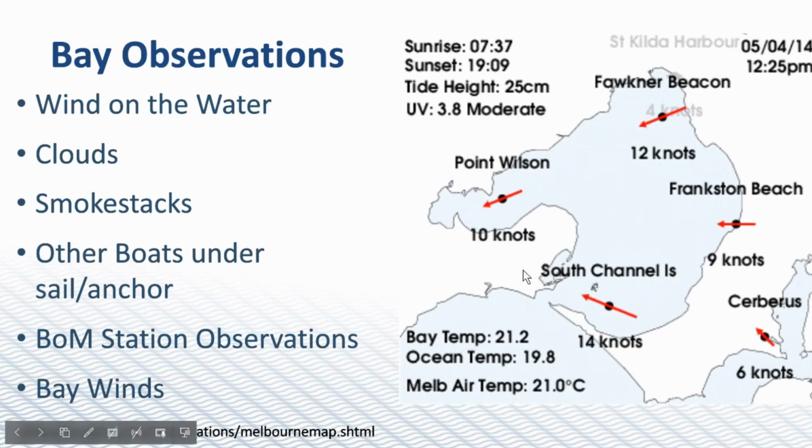Another useful thing, particularly if you're assisting in races at all, looking at various smoke and so on around the bay, you can also go to the BoM site and get their bay observations.